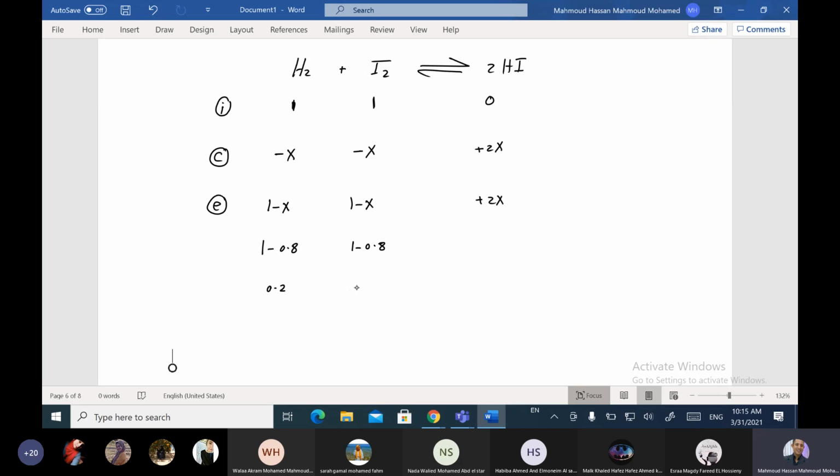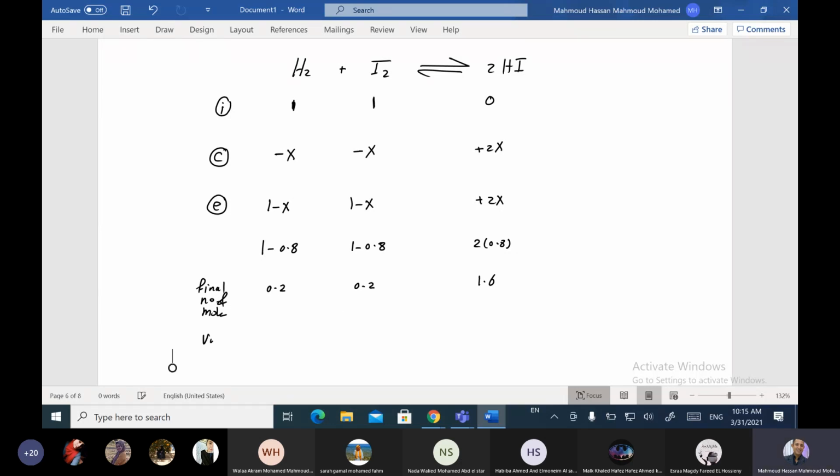The reactant substance remaining is 0.2, the remaining moles. This represents the final number of moles. And thus 2 multiplied by 0.8 equals 1.6.